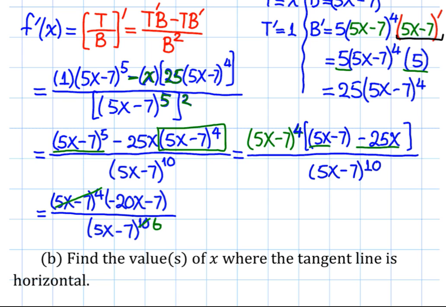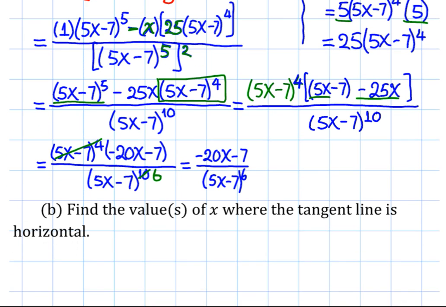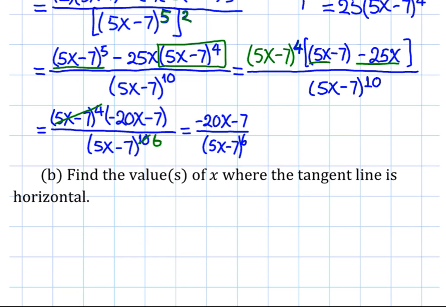On the top, we only have negative 20x minus 7, and on the bottom, we have 5x minus 7 to the 6th power. And that is the derivative of the function. The derivative is also the slope of the tangent line, and we're going to use that in the next part of the problem.